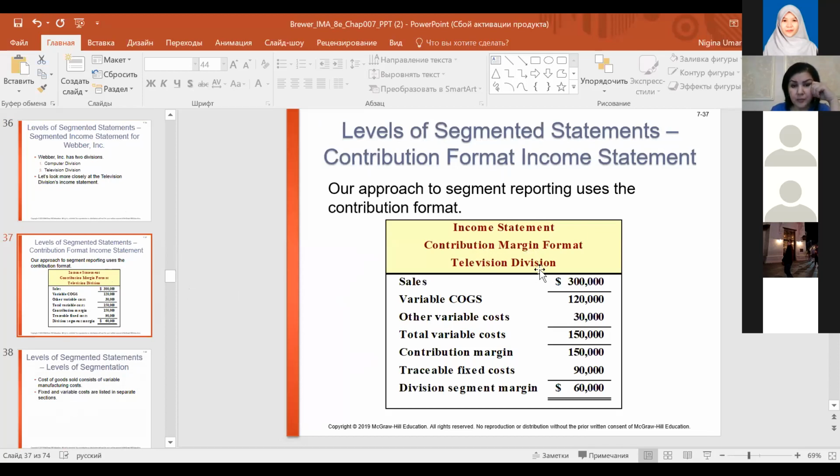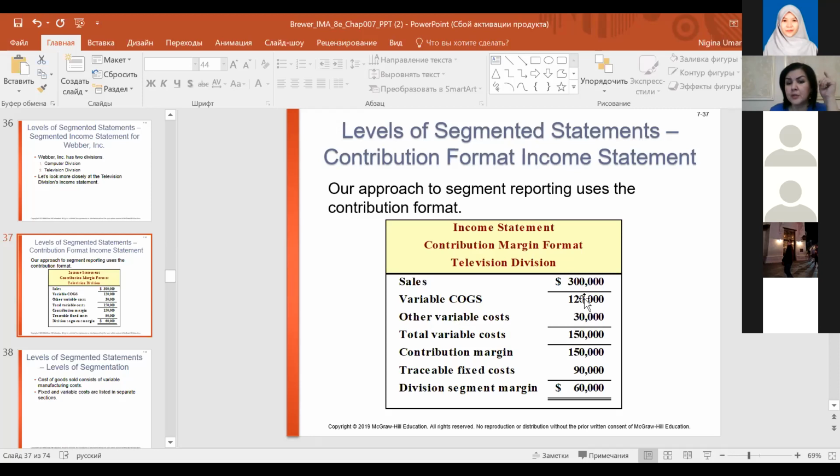As you see, it has sales, it has variable cost of goods sold, COGS, 120, minus other variable costs.